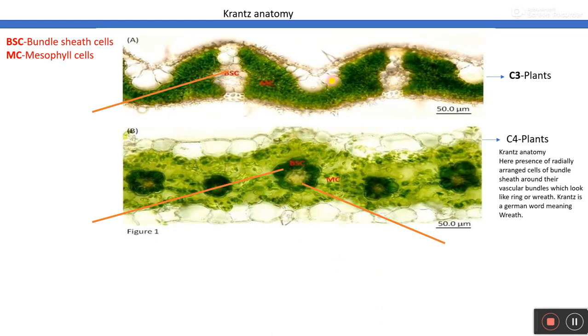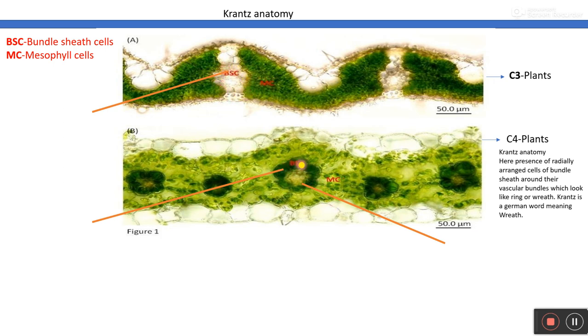This is the leaf anatomy of a C3 plant. This is the leaf anatomy of C4 plants. Just notice this ring shaped cell.